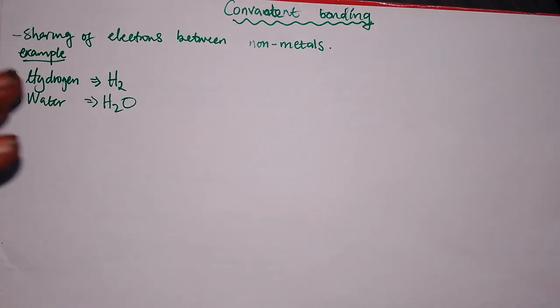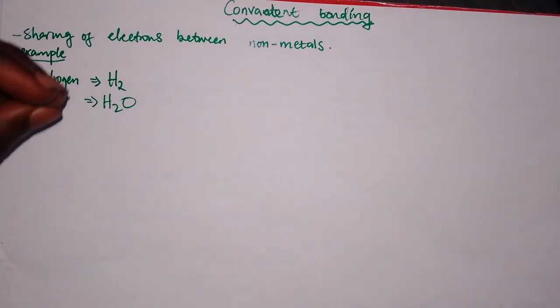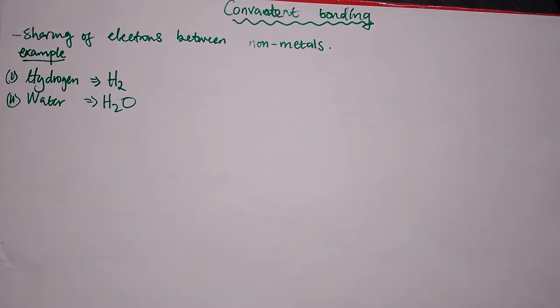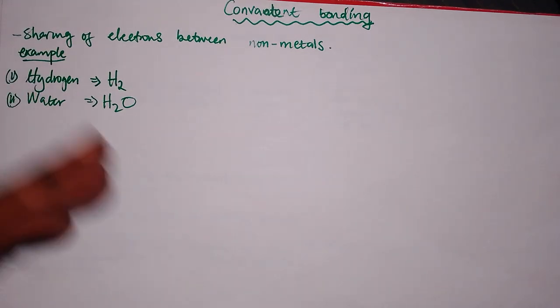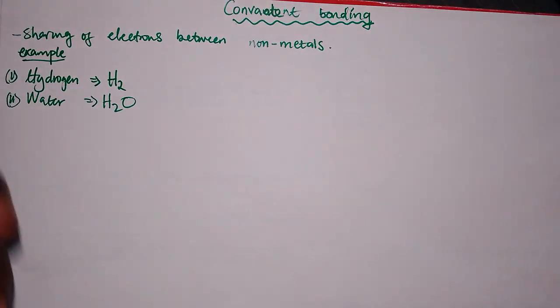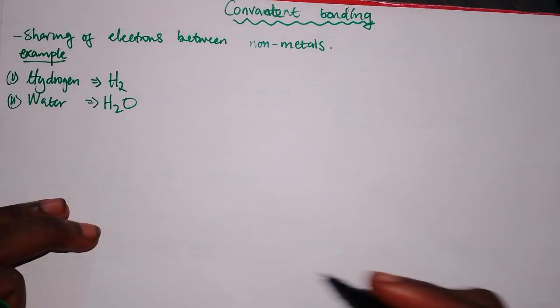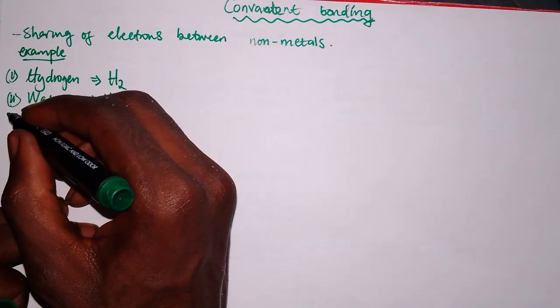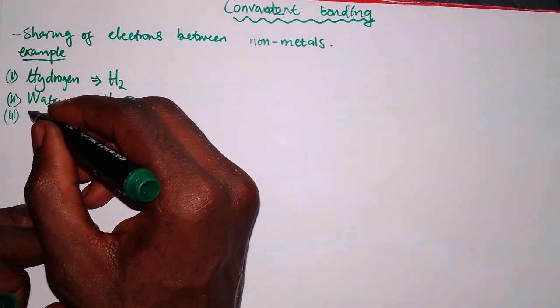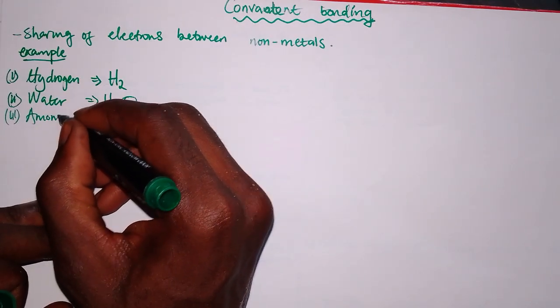Next, we have seen the examples which can be formed under covalent bonding. Before I show you how the bond is formed, we have another one, which is ammonia.